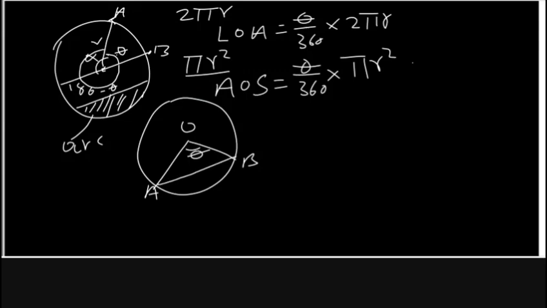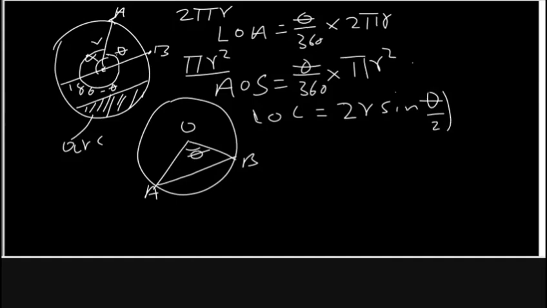How do we get the length of that chord? Length of the chord AB. Length of chord is given by 2r sine theta over 2.